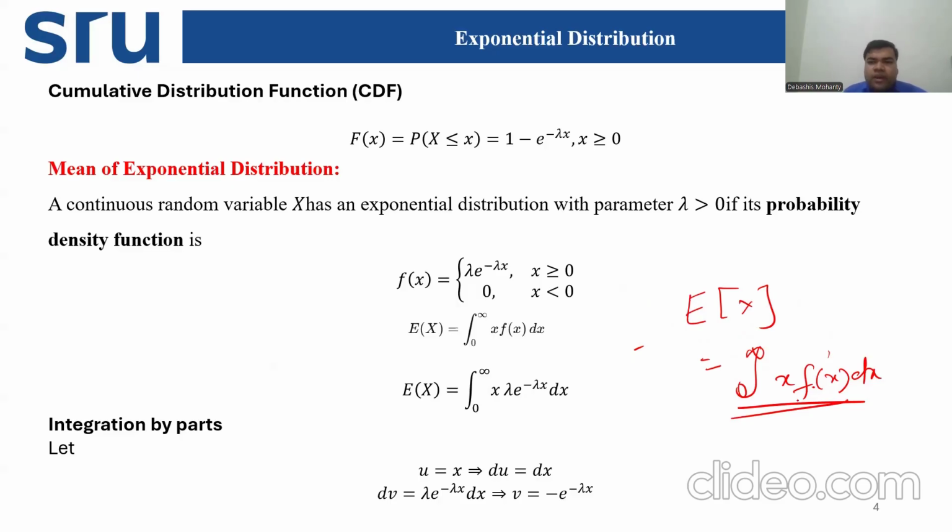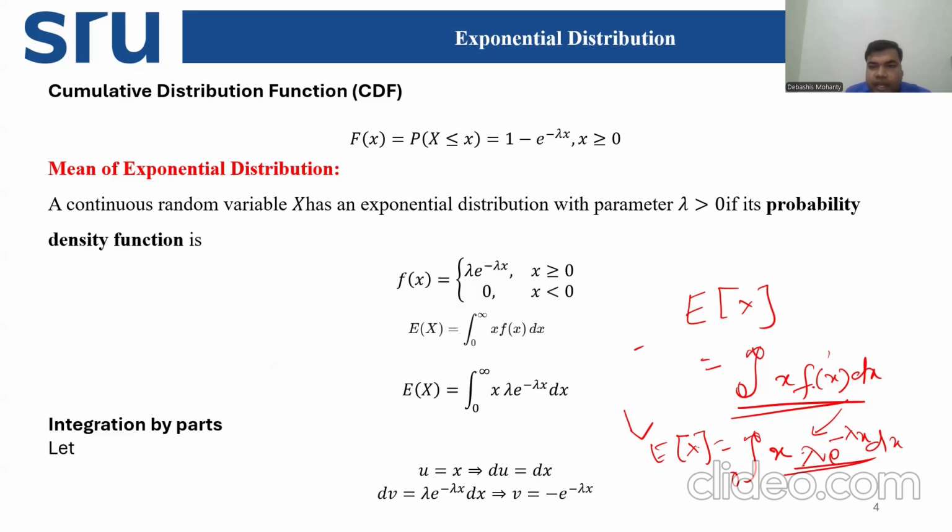Here we will derive the expectation for the exponential distribution using the rate parameter lambda and the waiting time period x. Applying the f of x value, we get e of x equals the integration from 0 to infinity of x into lambda e to the power minus lambda x dx.